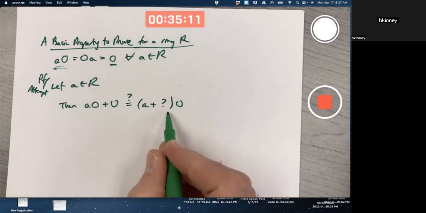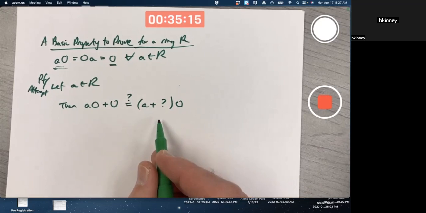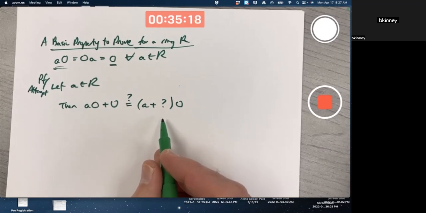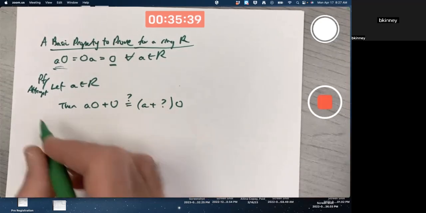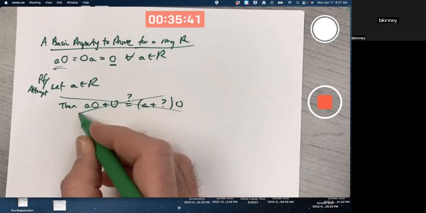If I put a 1 there, then I'm implicitly assuming the ring has a unity, and that's not part of the assumption here. Should I put A there? Well, that seems problematic too, because then I'd really be implicitly assuming A times 0 is 0. I'd be assuming this 0 could be represented as A times 0. Okay, that seems like a bad thing to try.